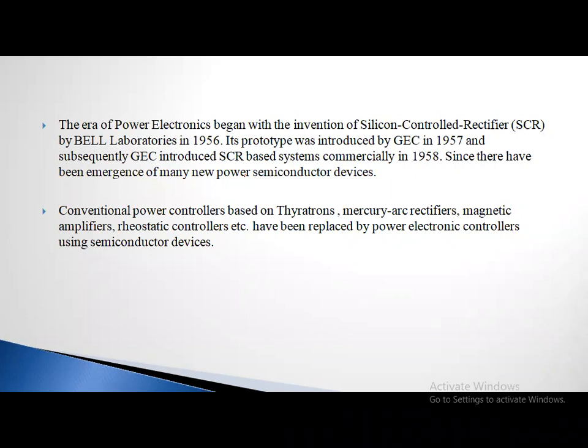So by using this power silicon controlled rectifier or SCR, we can convert the power from AC to DC or DC to AC. First point. And second point, we can also use this device for controlling purpose. We can use the SCR for controlling the 230 volts to 100 volts. Okay, this has been invented by the GEC company, meaning its prototype. It is clear.